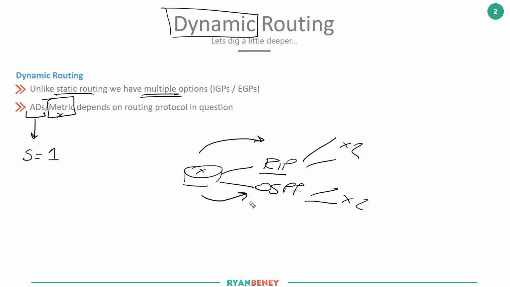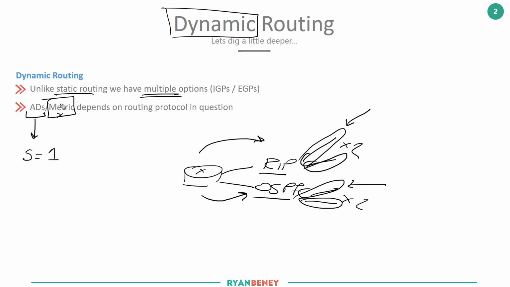Does it use RIP? Does it use OSPF? And then once it's picked the actual protocol, which path within that protocol does it choose to use? Does it use one with a particular cost, or does it use one with a particular hop count?